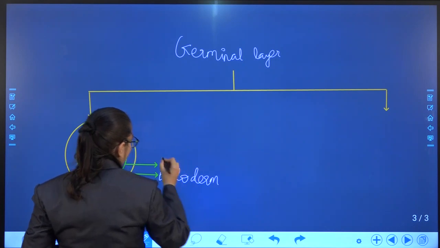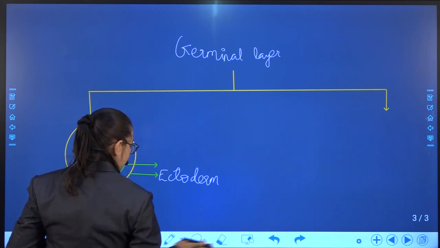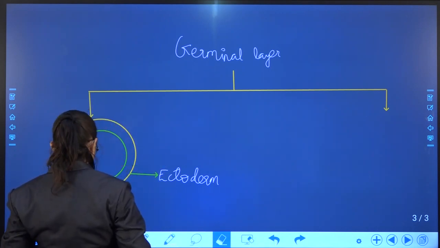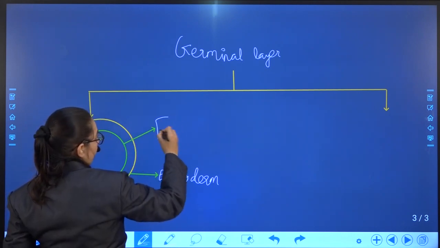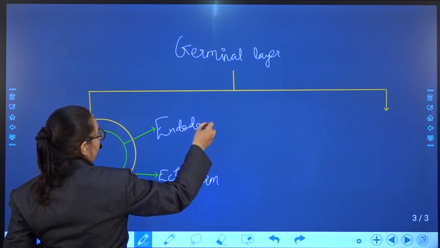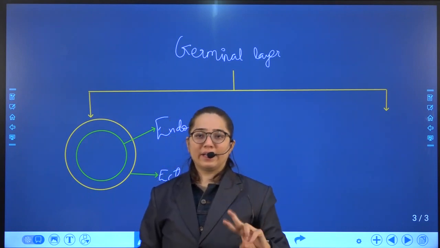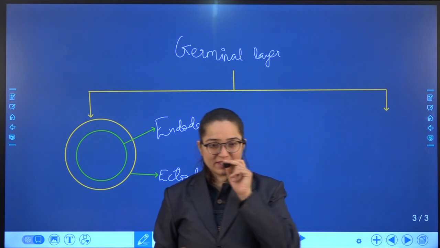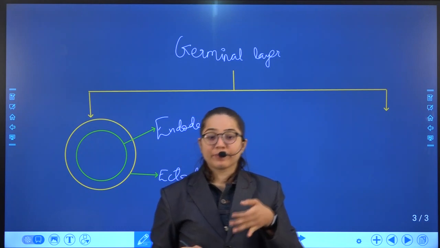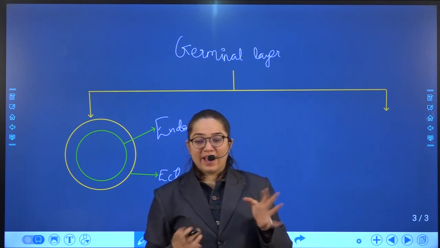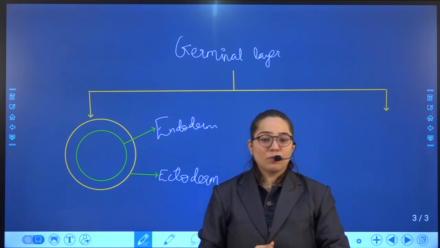Ectoderm and endoderm. That means it is having only two layers, so it is what? Diploblast. Two layers. Di means two. One is the ectoderm, the outer layer, and the endoderm, the inner layer. Germinal layer is divided into two parts.